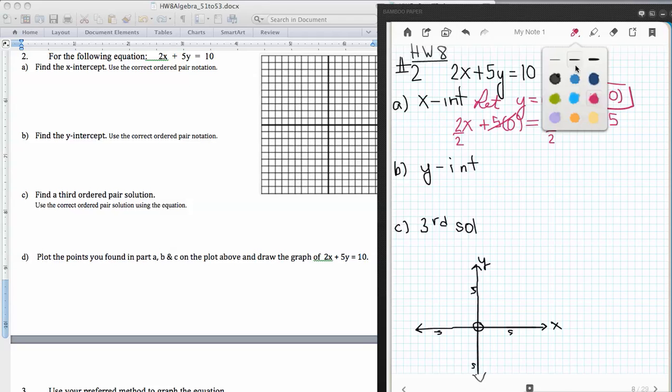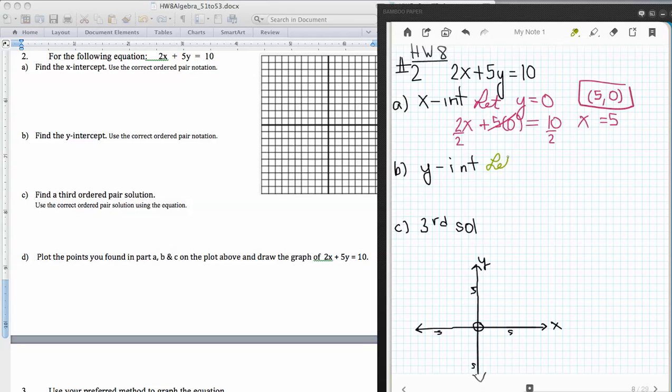Now the next problem, I'm going to be finding my y-intercept. My y-intercept could be found by putting this in slope-intercept form, or I again realize that the y-axis is where that y-intercept would be, and so I would have some y value along here, but the x it would line up with would be 0.